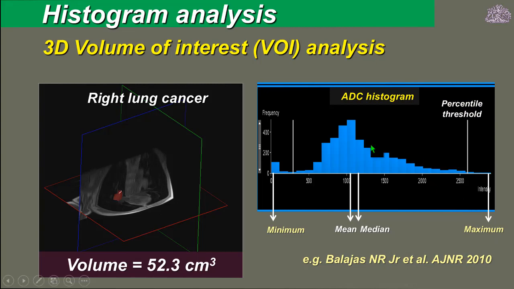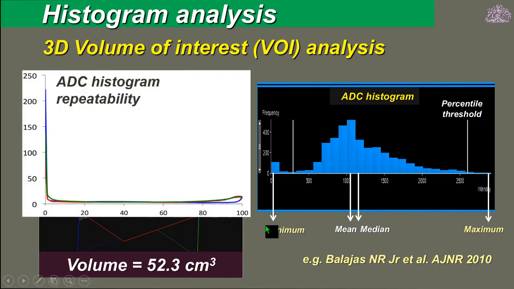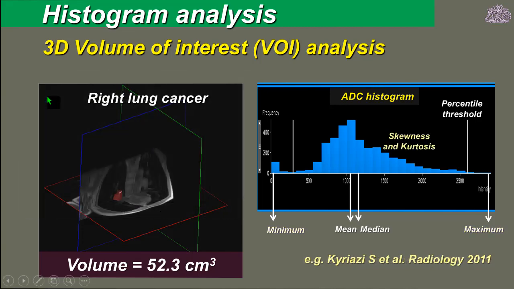And then we can also look at the ADC maximum and minimum values. The thing to caution here is that ADC minimum, which has been invoked for quite a while, is unfortunately associated with very poor measurement repeatability.